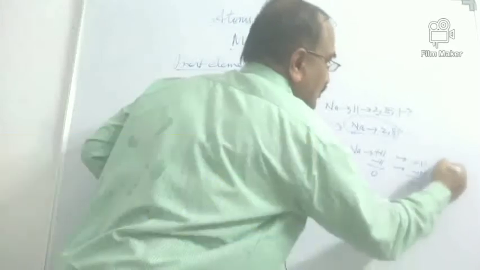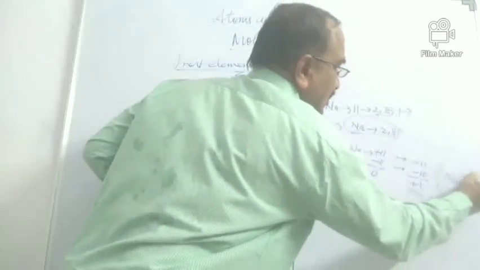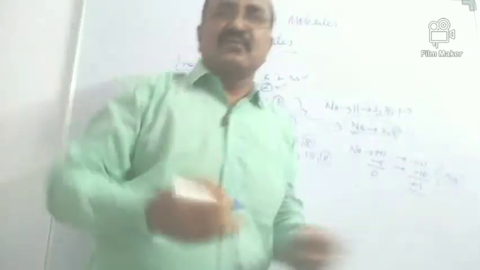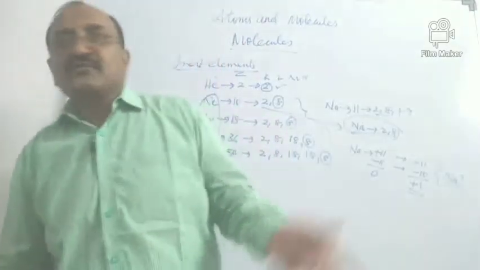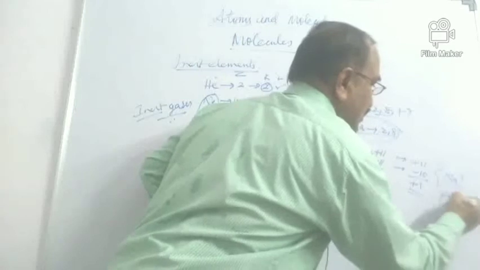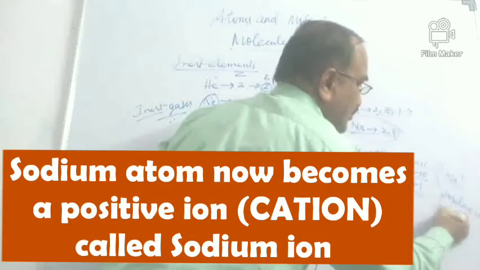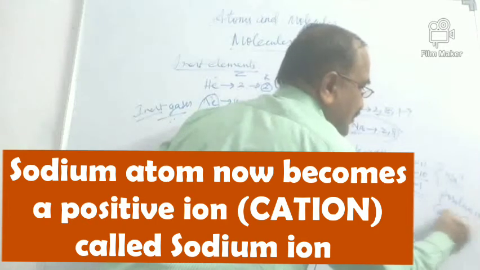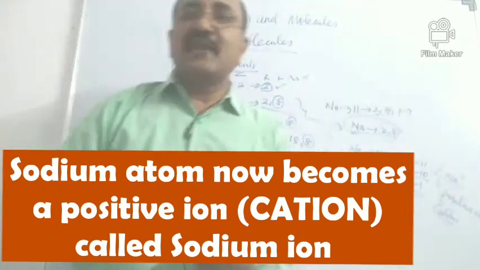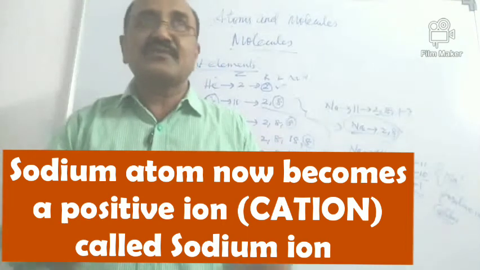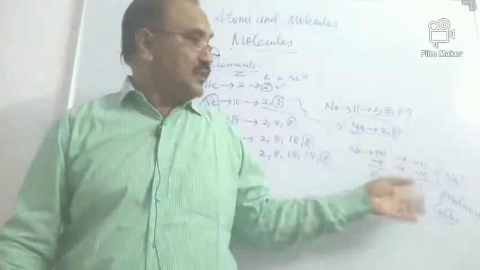So the sodium atom becomes positive. That is what is called an ion. It is a positive ion, and it is also called a cation. An atom is now becoming a charged atom, and this charged atom we call a cation.